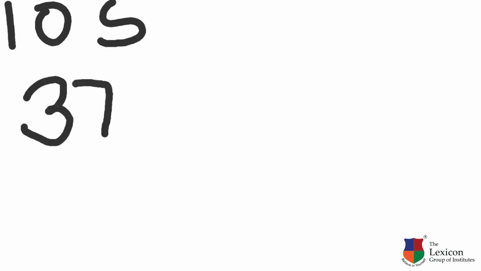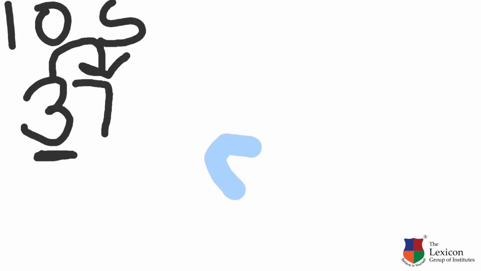When you do rounding off to the nearest tens, I will start with how to round off to the nearest tens. Take any number, like if I have taken 37. Step 1: because they are telling us to round off to the nearest tens, I will first underline the digit which is at the tens place, correct? Then step 2, I will look at the immediate right hand side number.